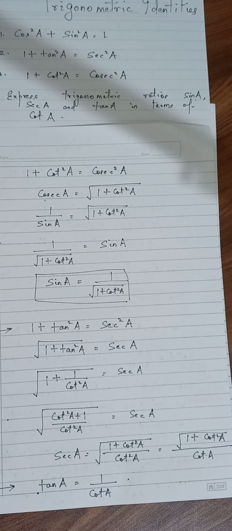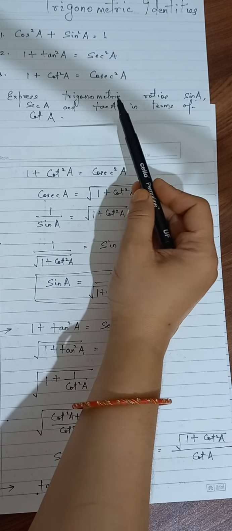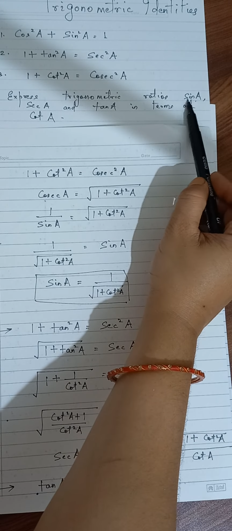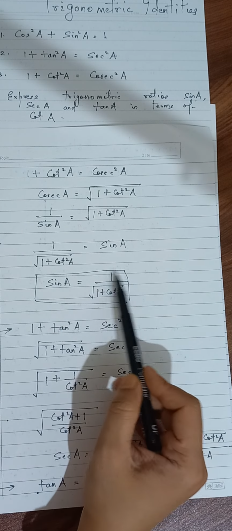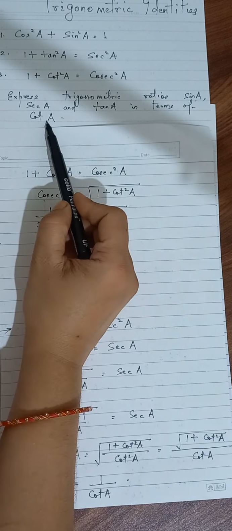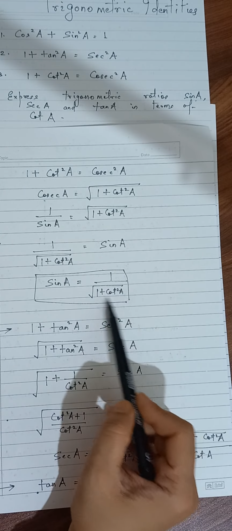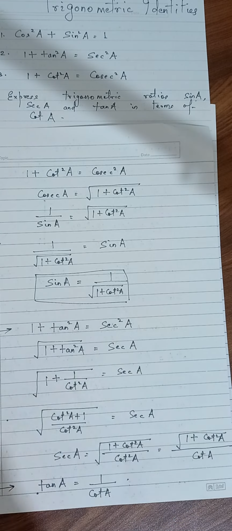So what is the requirement of the question? You have to analyze that first, and then accordingly choose the identities. The only thing you have to keep in mind is which trigonometric ratio we have to express, say sin A. So sin A should be on the left hand side, and on the right hand side in terms of cot A. Whatever term is given in your question, that should be on the right hand side only.